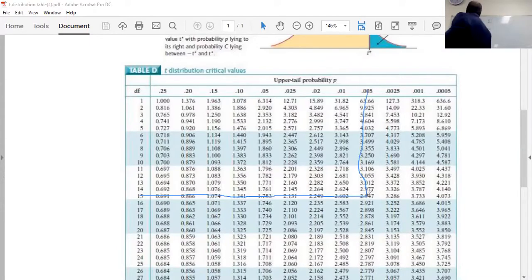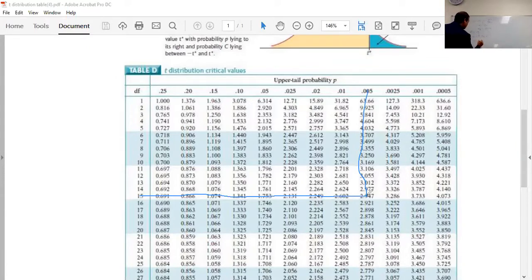Exactly. So what T stats value will you get, as you have seen on the screen. The T stats value for 99% confidence, you have to write here T alpha by 2, like this. T alpha by 2 will be 2.947. Exactly 2.947.